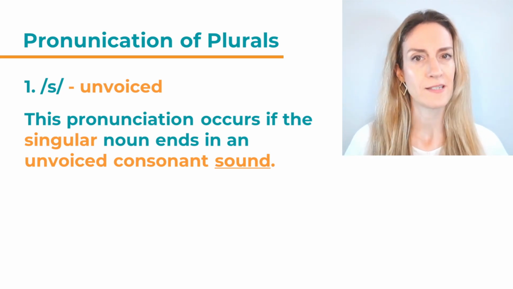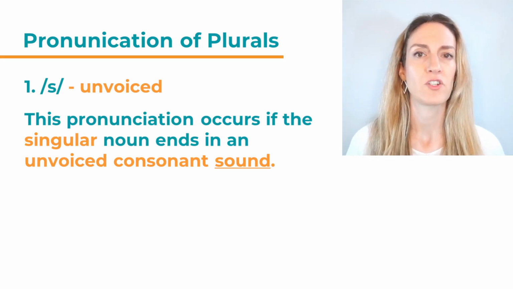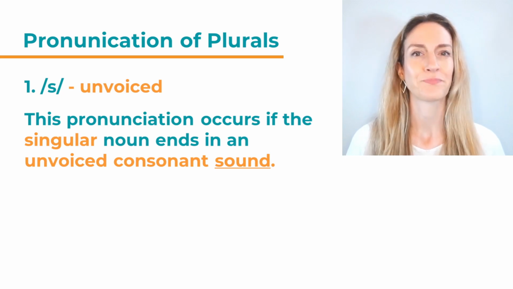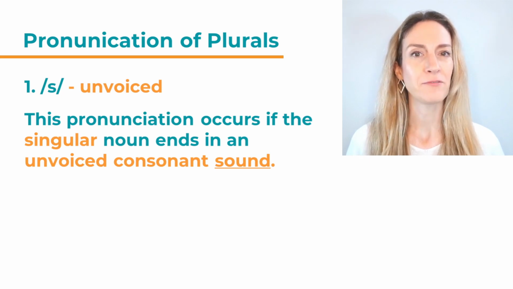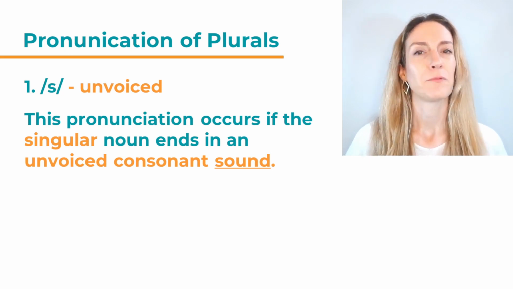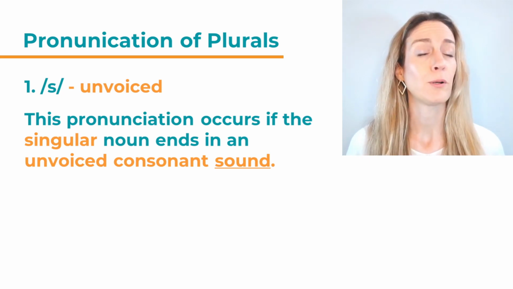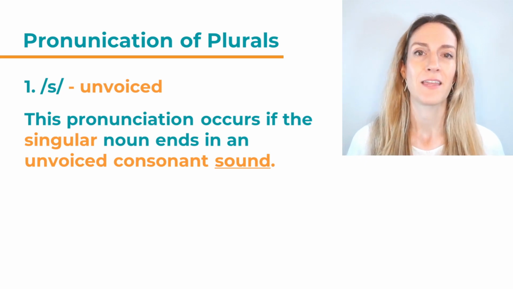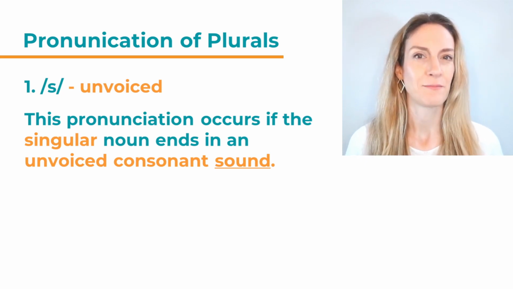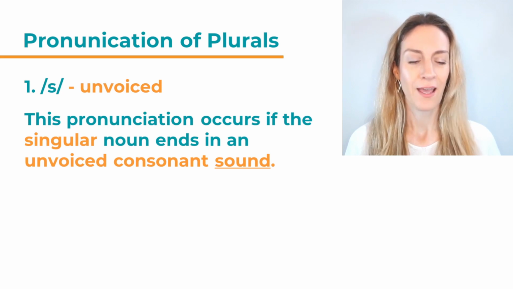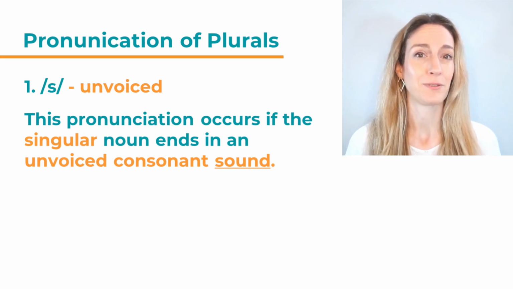So we cannot go by spelling. We have to go by sounds. So if the singular noun ends in an unvoiced consonant sound and we form the regular plural, and we add S, then the pronunciation will always be s, an unvoiced s. Let's have a look at some more examples.